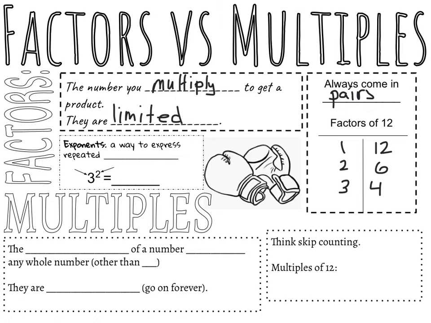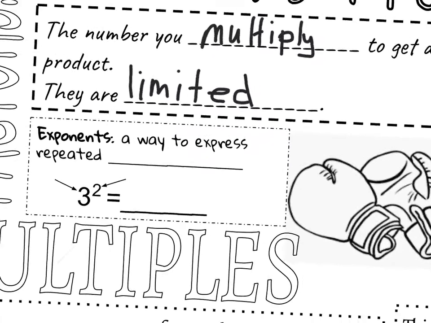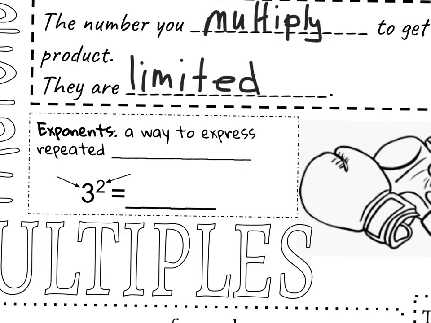Another way that we use factors is when we start looking at exponents. Exponents are really just a shortcut to express repeated multiplication. Kind of like we use multiplication as a shortcut for repeated addition, right?